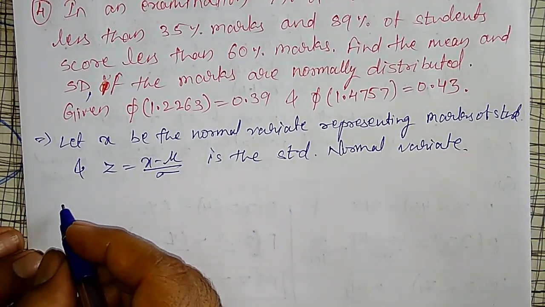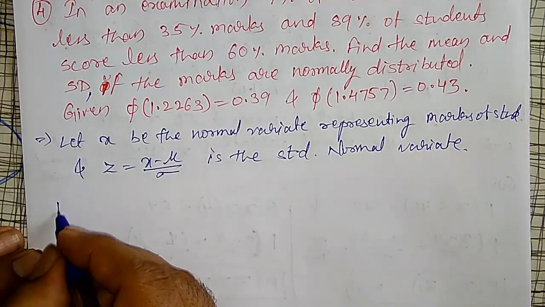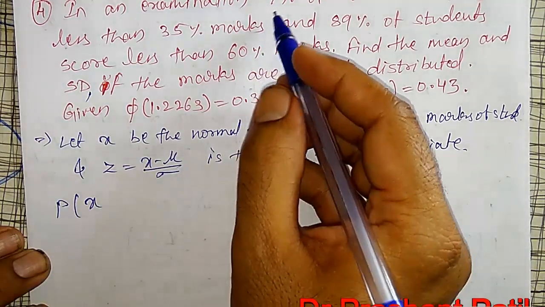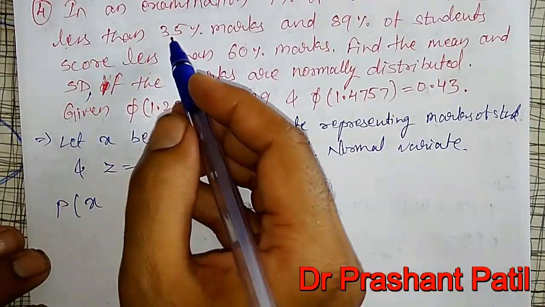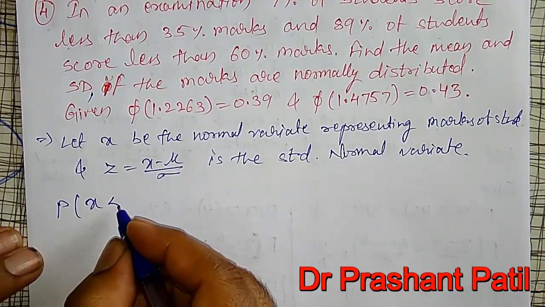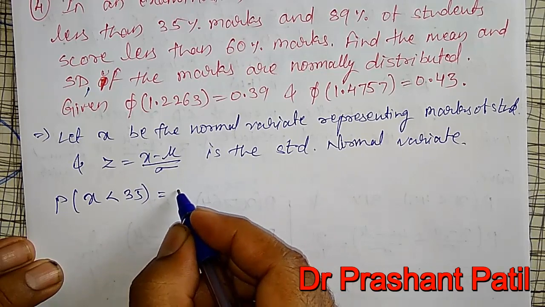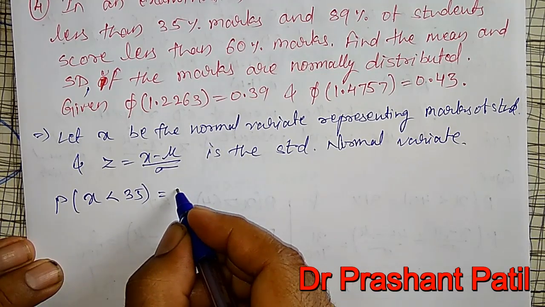What is given from the problem? Probability of x less than 35 marks is equal to 7%, correct?